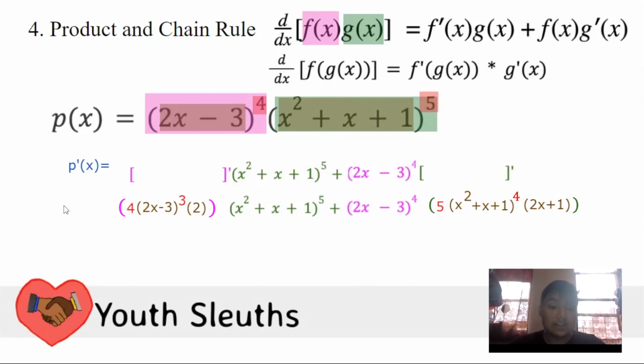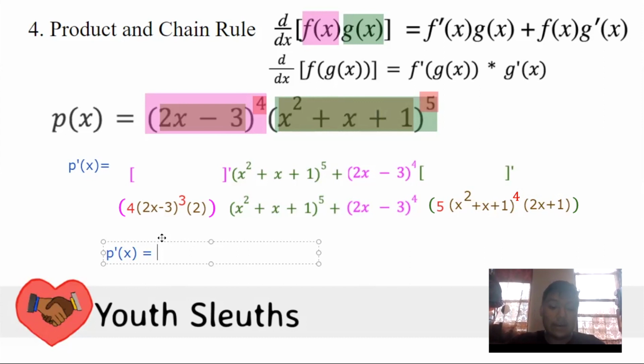We derived everything, and there's a few simplifications that we can do. So we'll start with that. We have that p prime of x equals 2. First we bring the constants to the front.